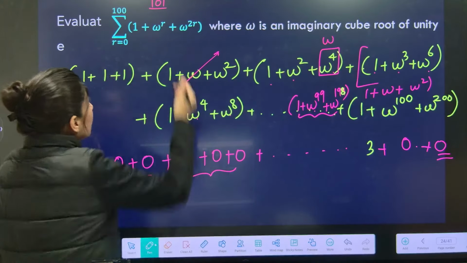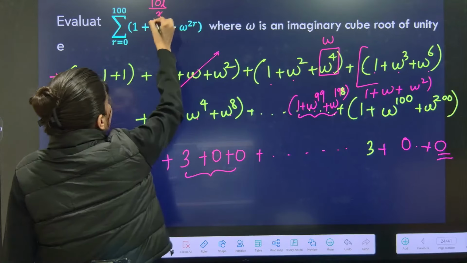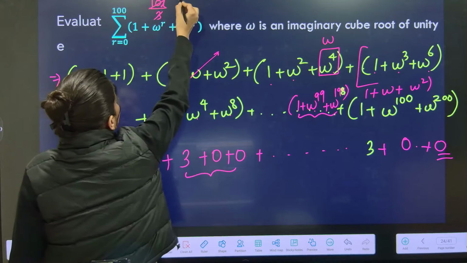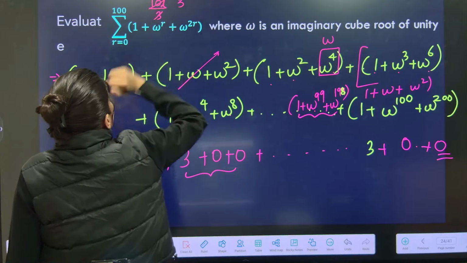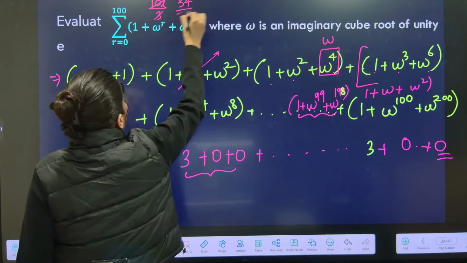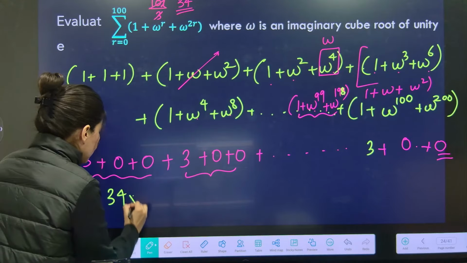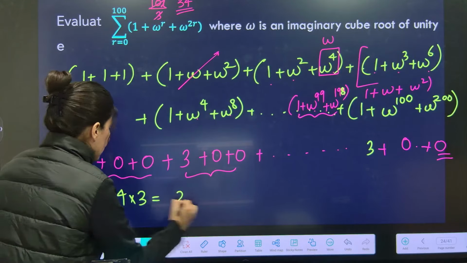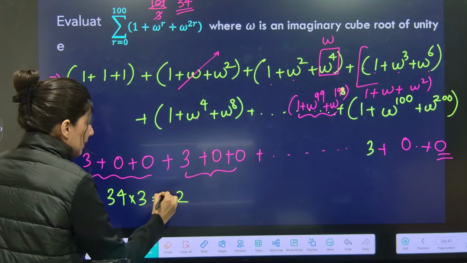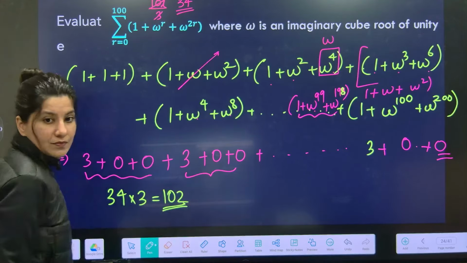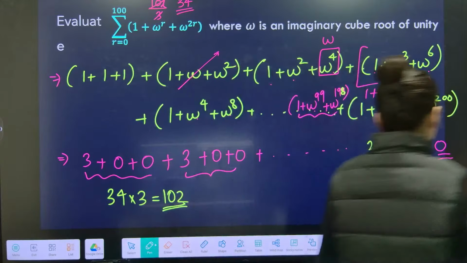So let us assume that 102 terms are there. Divide by 3. 3 3s are 9, 3 4s are 12, so 34 triplets. So 34 times you're going to get 3. 34 into 3 is 102.